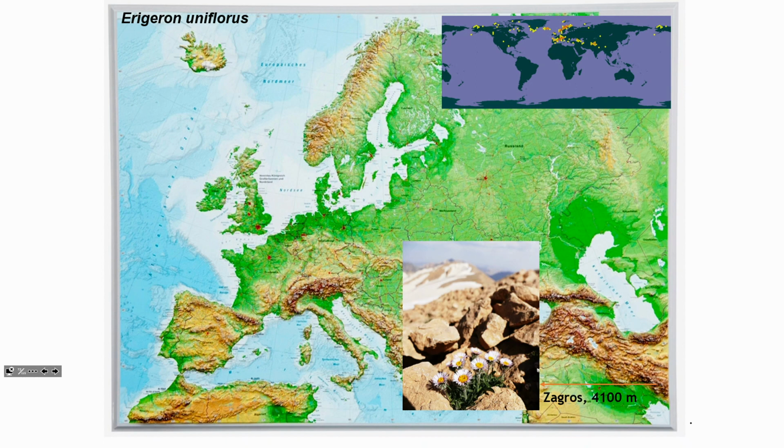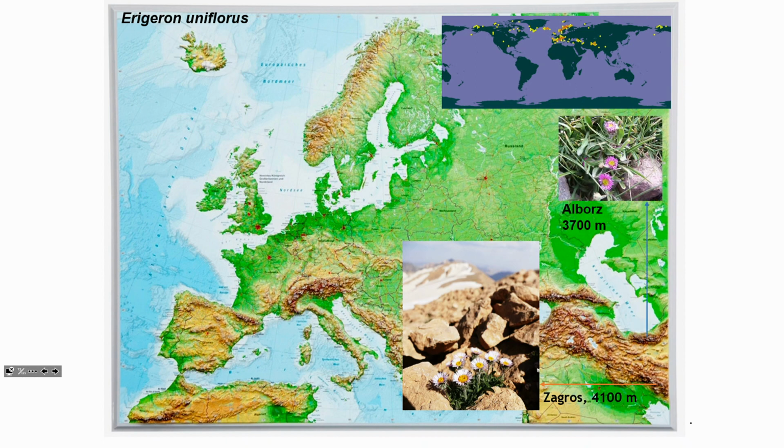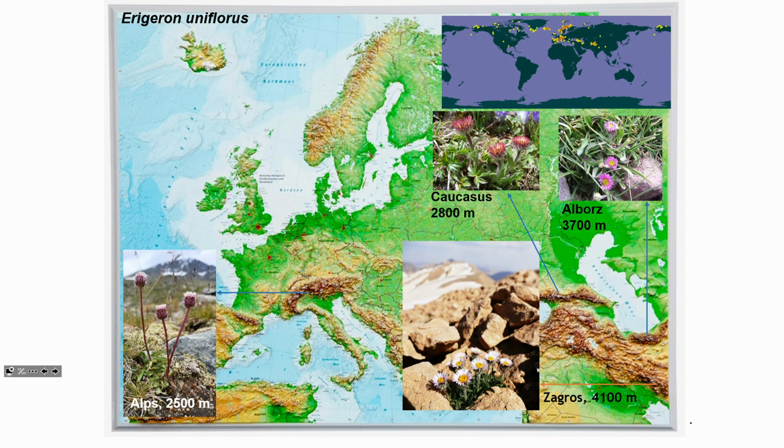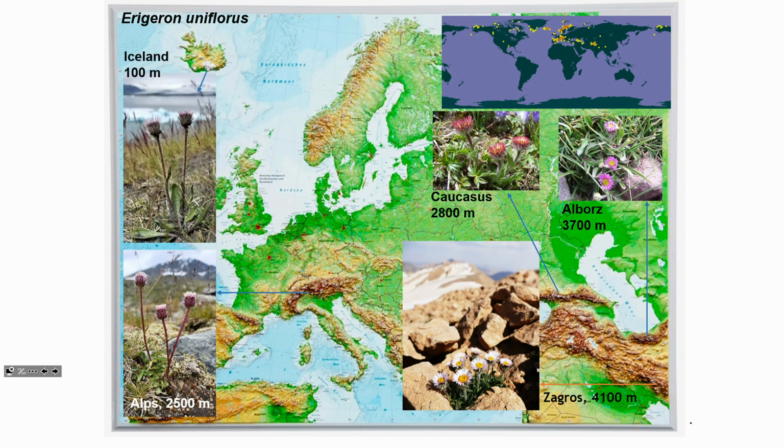Another species with a similar distribution is Erigeron uniflorus. Look, this is southern Iran, Zagros. This is Alborz, Caucasus, Alps, and again Iceland. And you look at their elevation. But this species has different subspecies, and some taxonomists believe that they should be separated.